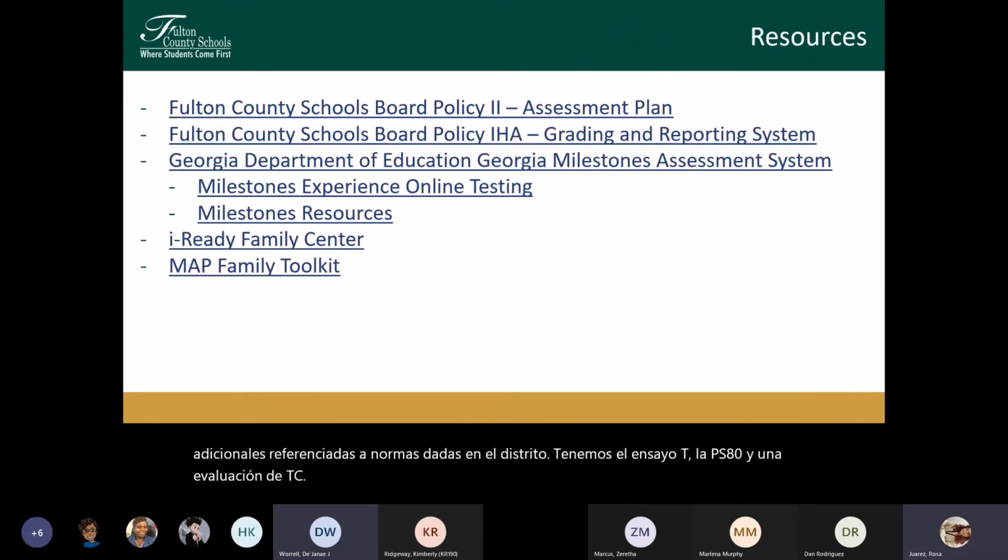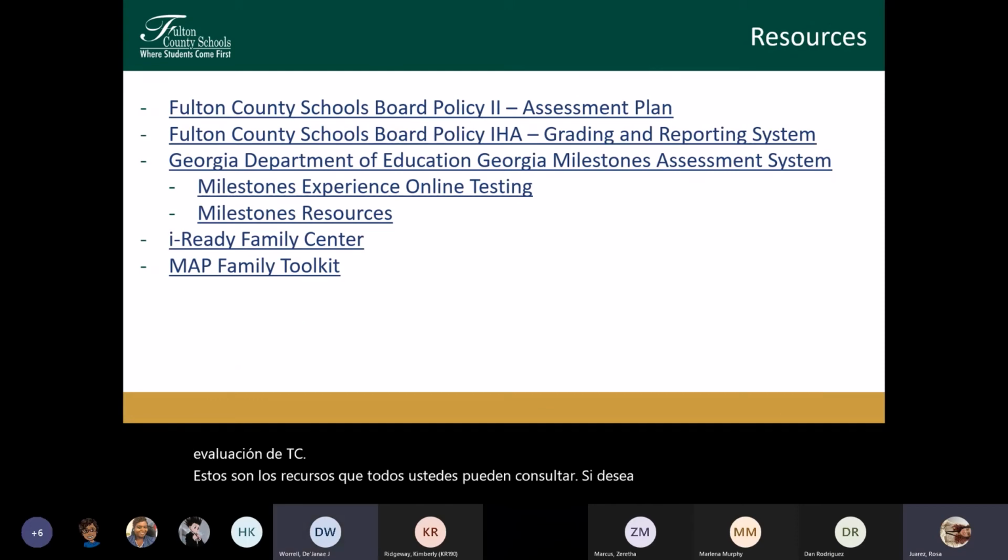These are the resources that you all can check out if you would like more information on our assessments. We have the assessment plan, the grading and reporting system, and the Milestones assessment.